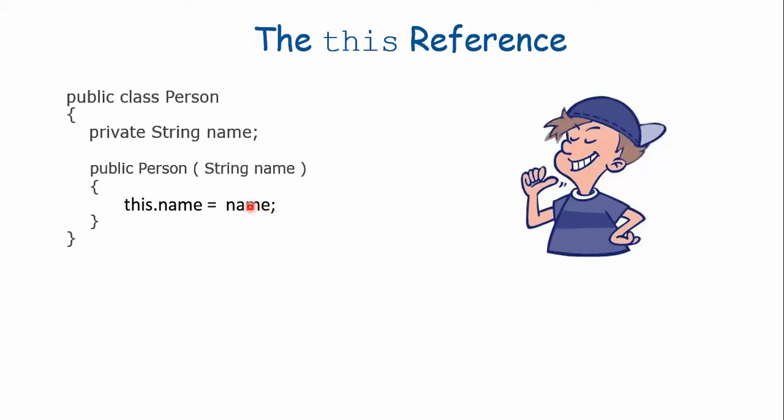And this name is a parameter variable which is available with the person constructor. So this statement will work. Let's go to the next slide.